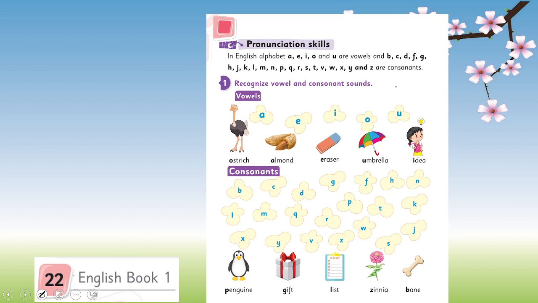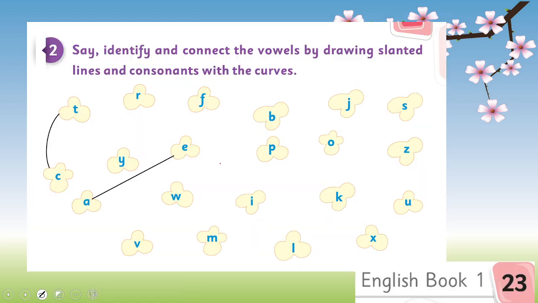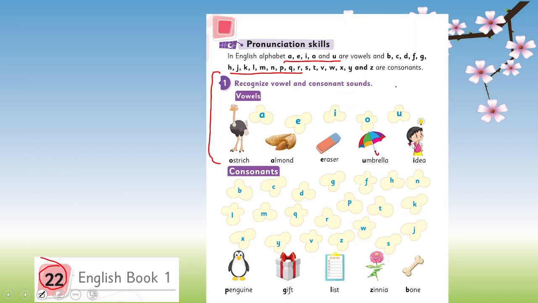Now open your book on page number 22. And here, again, the concept has been given about these vowel letters and these consonant letters. We are going to start its first activity. What do they want from us? You have to read the letters. These are vowels.